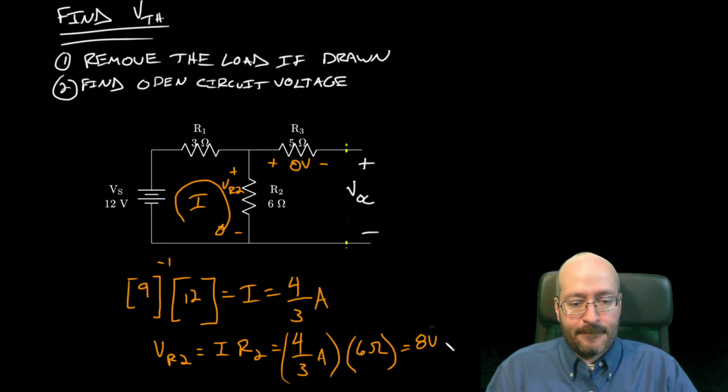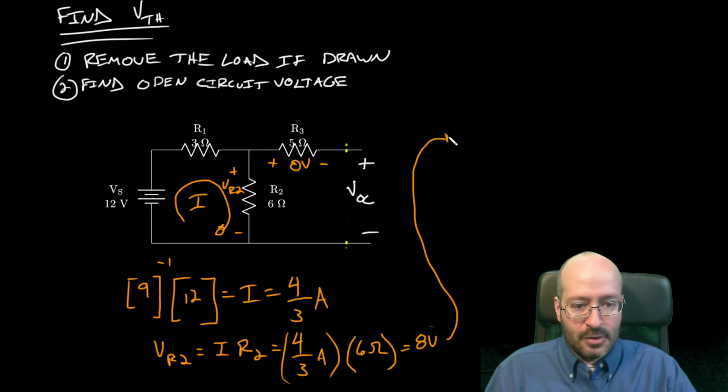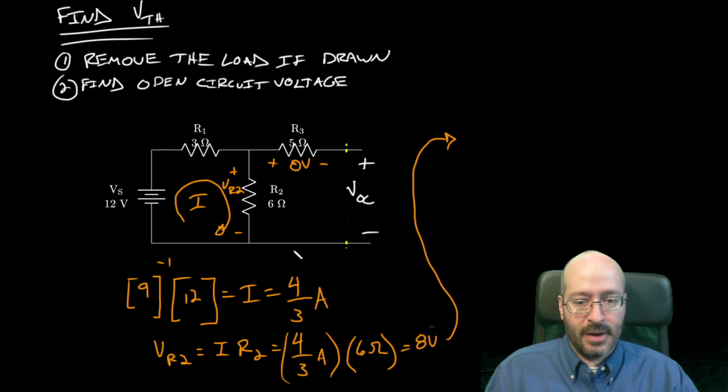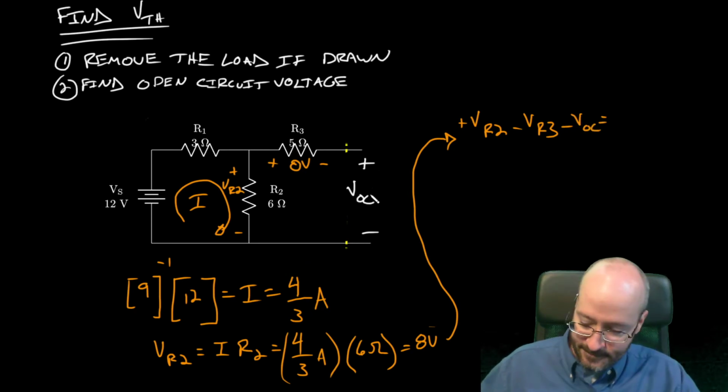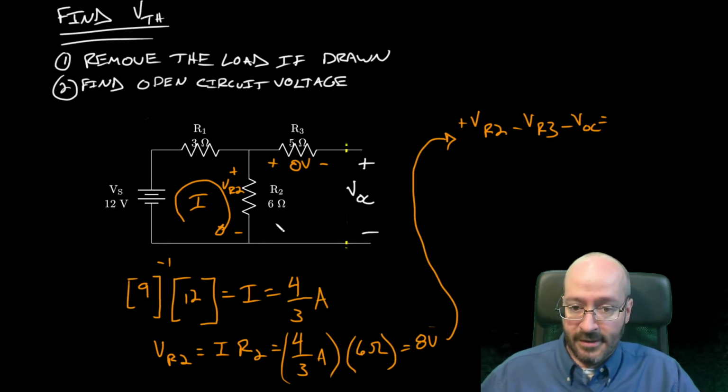So let's take that. Since I have a lot of room up here, let's move it up there. And let's write the KVL around this path on the right. So I'm going to go up VR2. I'm going to go down VR3. And I'm going to go down V open circuit. And I'm back to where I started down here. Right? So let's get that drawn in for you.